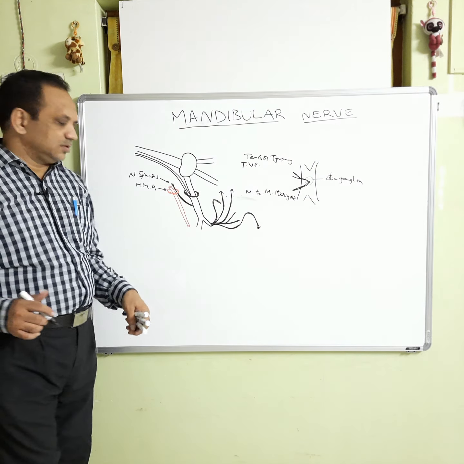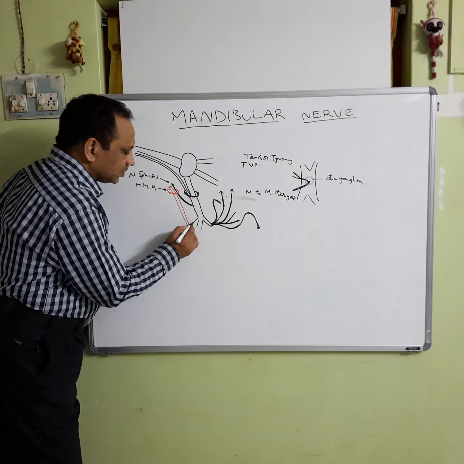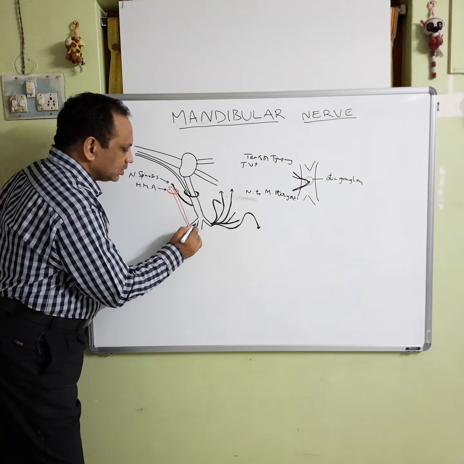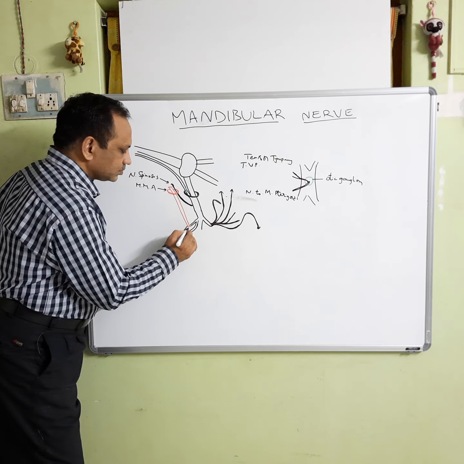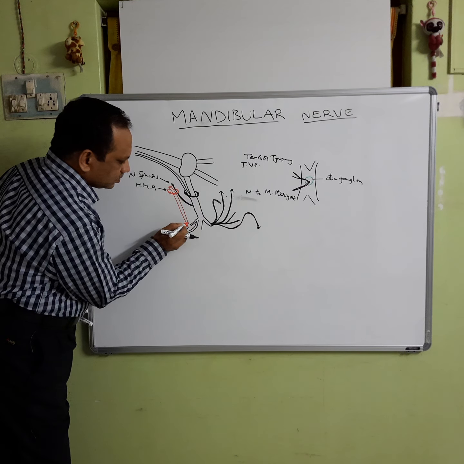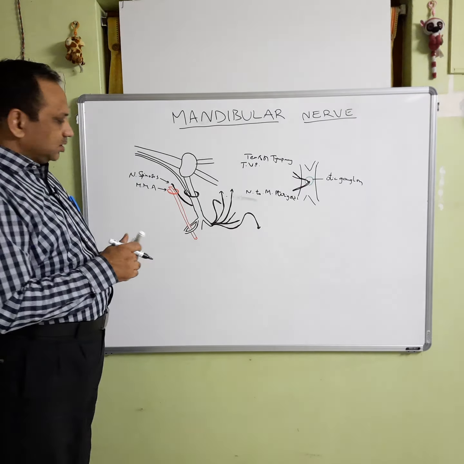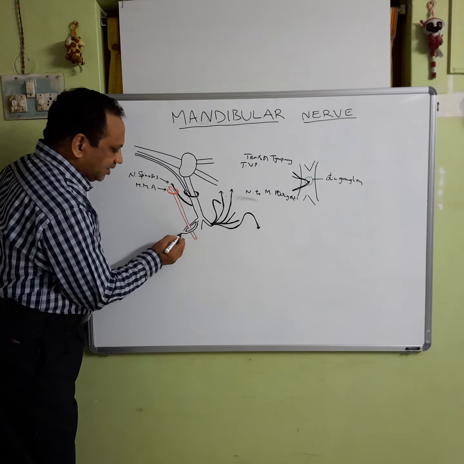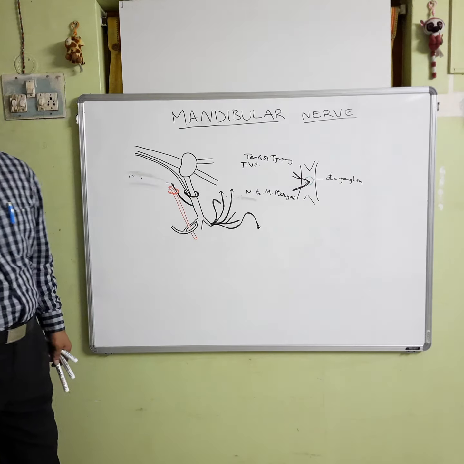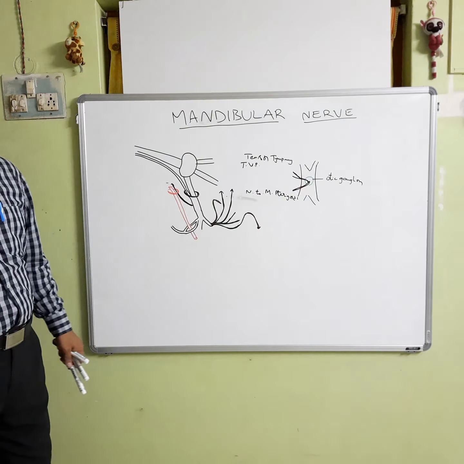Coming to the posterior division, the first branch is the auriculotemporal nerve. The auriculotemporal nerve emerges by means of two roots, like this. The two roots encircle the middle meningeal artery, then reunite to form the auriculotemporal nerve.